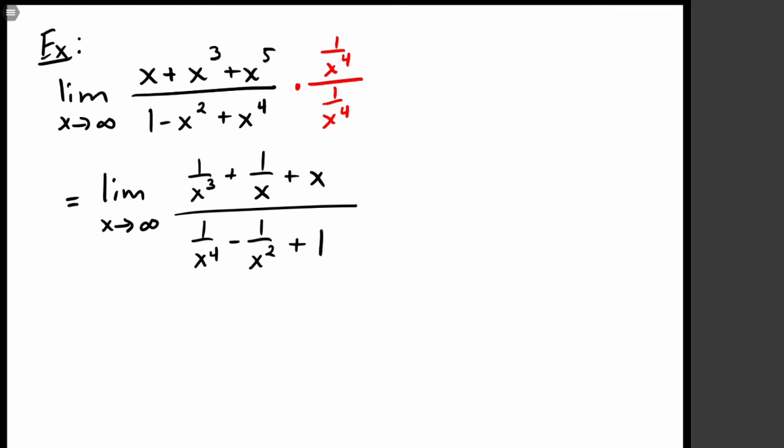And look what this does for us. These four terms right here, when we take this limit, all of these are going to 0. Up here, we can't really separate this out because this is like infinity plus infinity plus infinity. So the top's clearly going to infinity, right? But the bottom, we have 1 minus infinity plus infinity. So what is that infinity, negative infinity plus infinity doing down here?